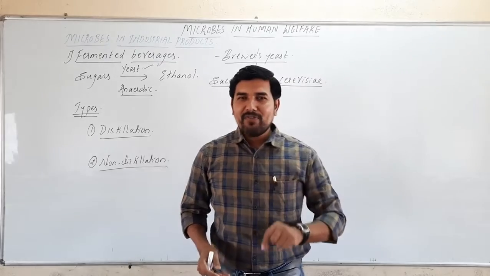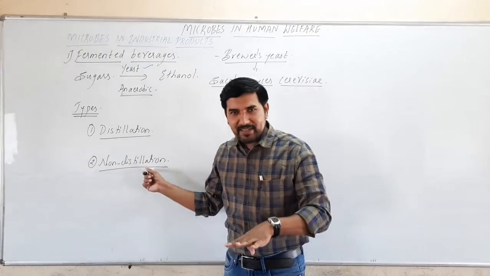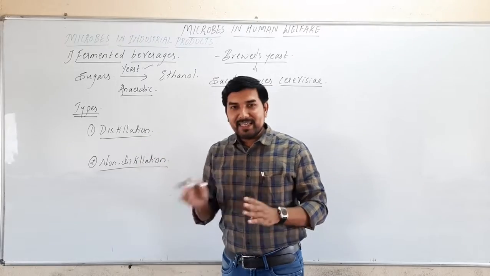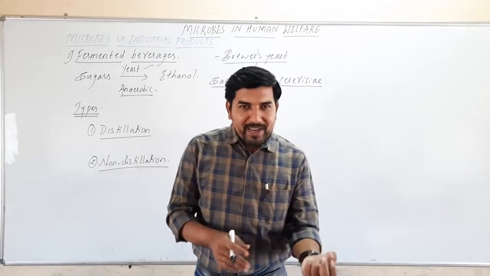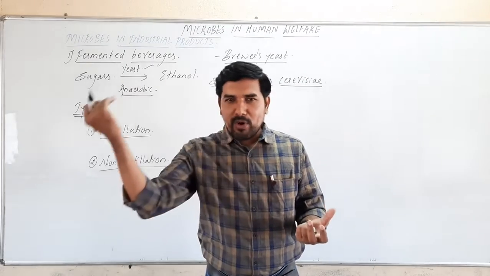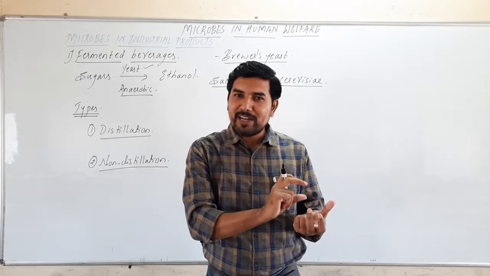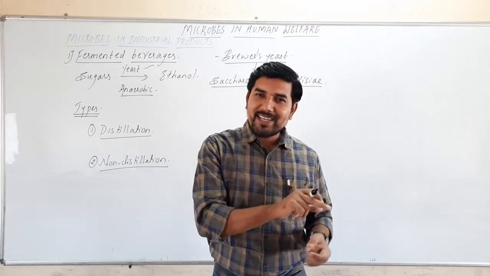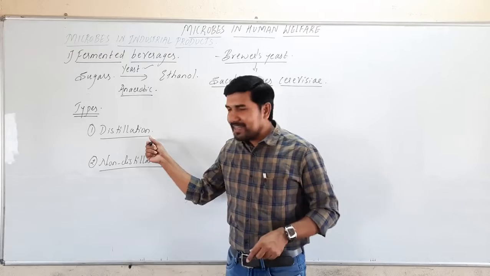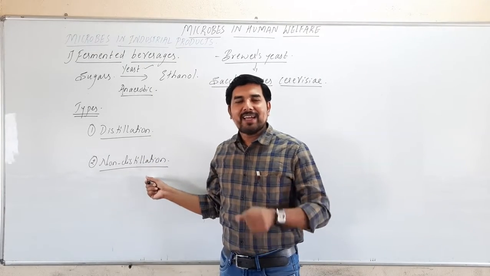The percentage of alcohol in the non-distillation alcoholic products is less, and in the distillation process we are boiling this fermented product, removing water from it. We are increasing the concentration of alcohol. That means the concentration of alcohol is increased in the distillation products, and in the non-distillation it is not increased.